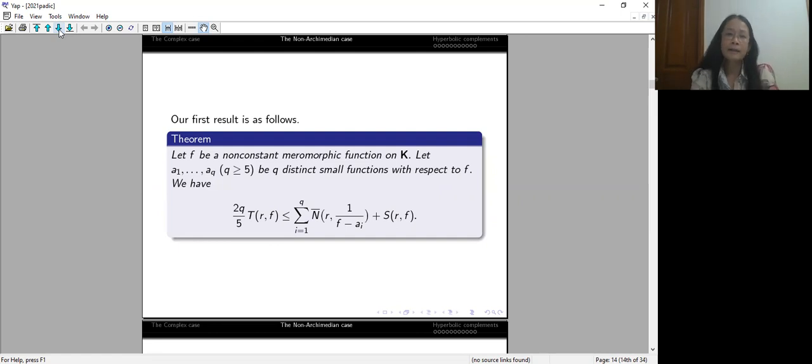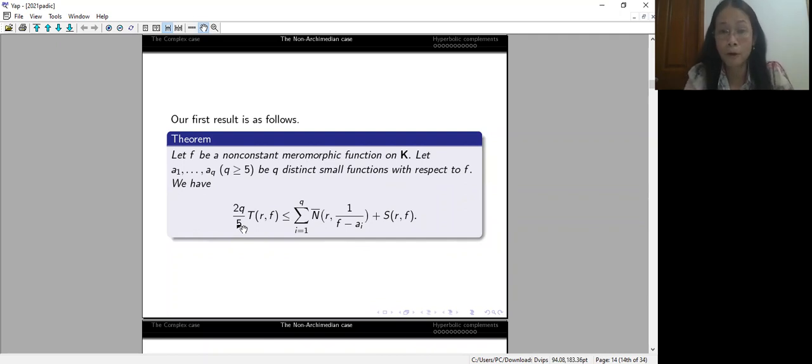So what we can get here: if f is a non-constant meromorphic function over a non-Archimedean field, and a1, ..., aq are distinct small functions with respect to f, then we have the bound, where 2q is replaced by 2q over 5.